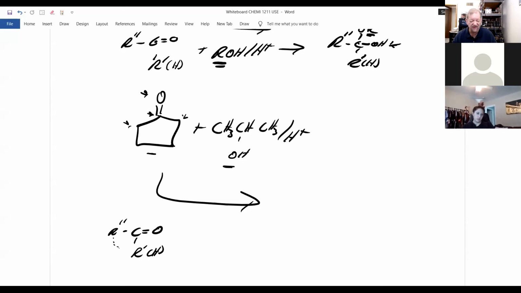And this is cyclic, so R prime and R double prime are connected together. And here I have carbon, carbon, carbon. Ooh, hydroxyl group on a carbon, alcohol, acid catalyst.